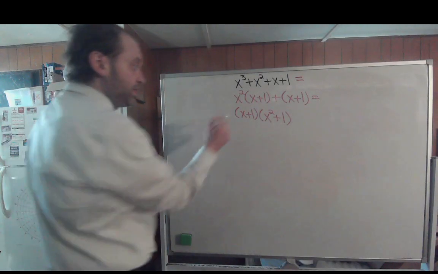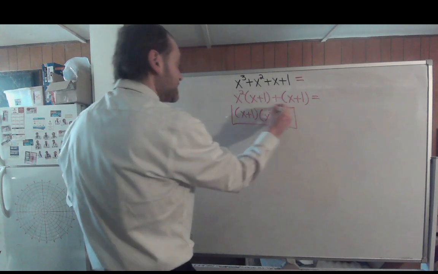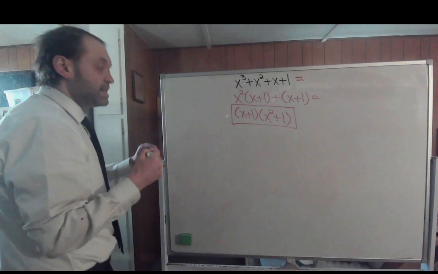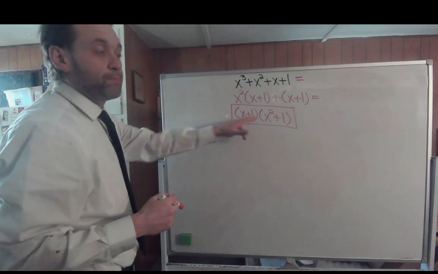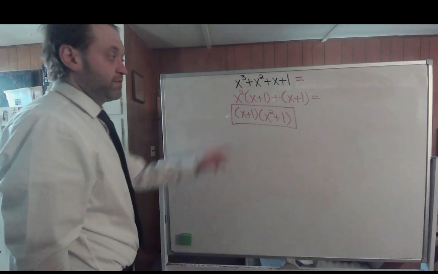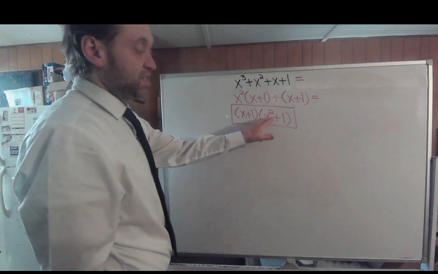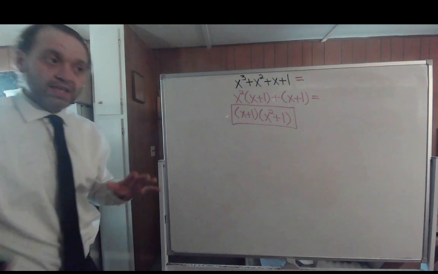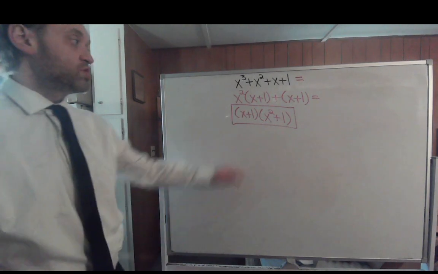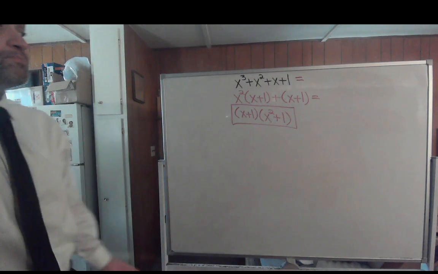So the complete factorization would end up being x plus 1, that quantity, times x squared plus 1. That would give you the complete factorization. And yes, some of you are going to say you can factor this into the imaginary numbers. We'll get to that in another lesson, but for now we're going to just stick with the real numbers.